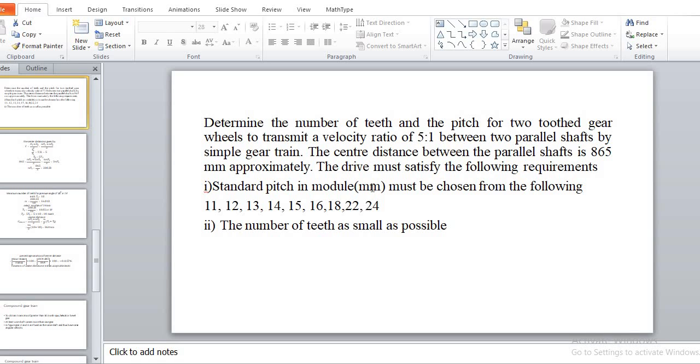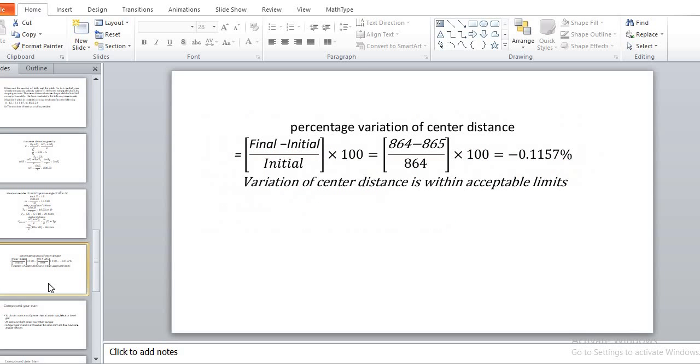So it is given data, and it is within the acceptable limit. So these are some numericals on the simple gear train.